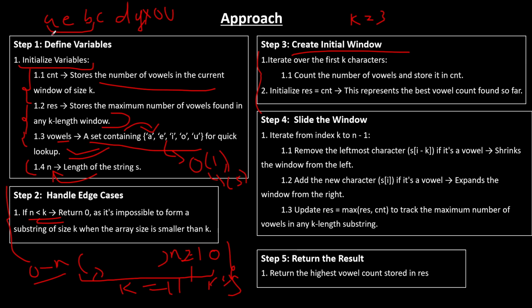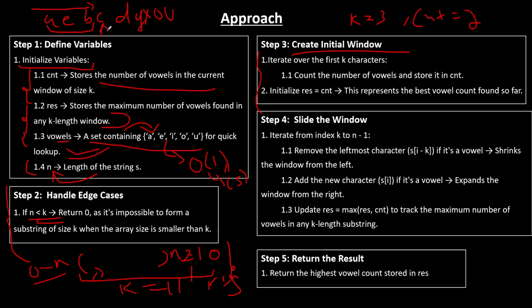Here, what we are basically doing is pre-computation. Before going to the main iteration of the sliding window, we just go ahead and iterate till k equals 3, and we store the count of the vowels in it. In this case, the count is A, E, right? So it is 2. How this helps us is that when we go for the sliding window technique, we will be starting from there.